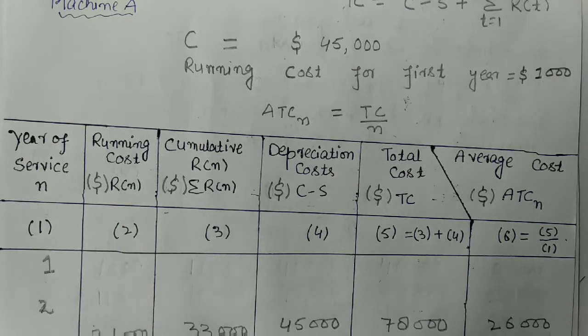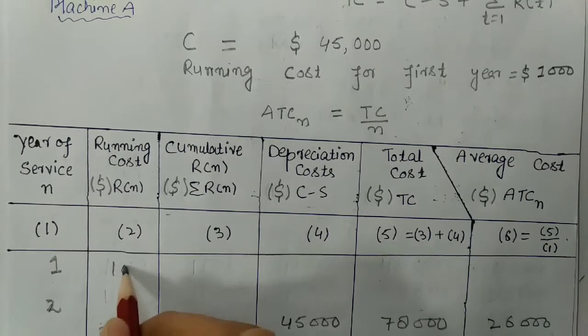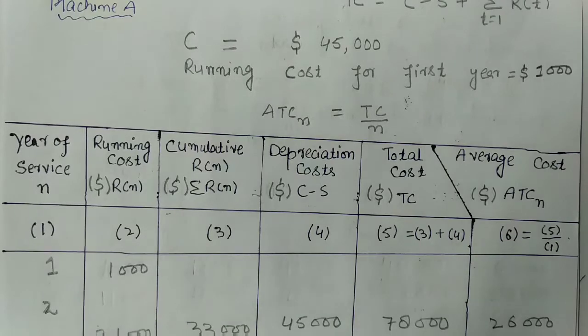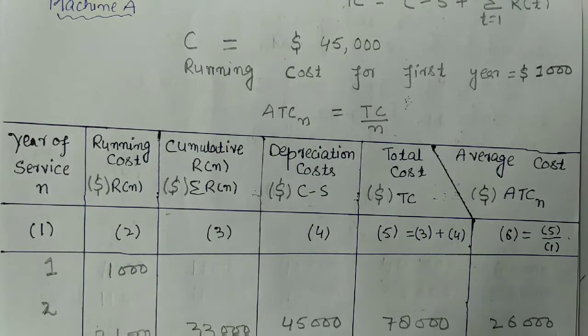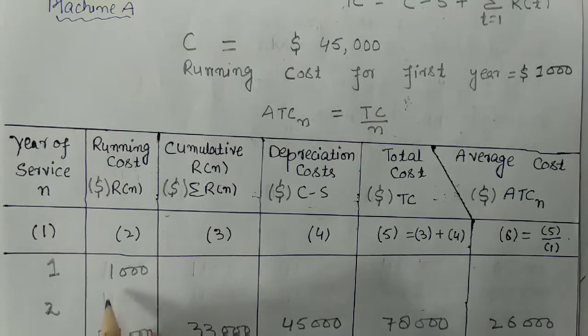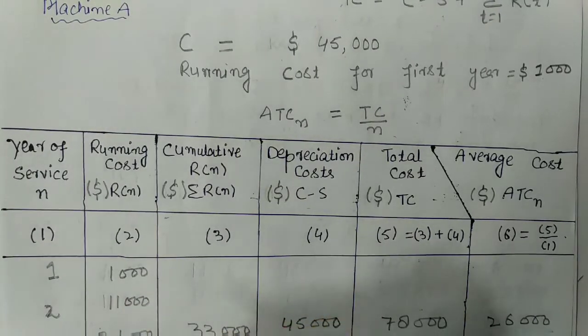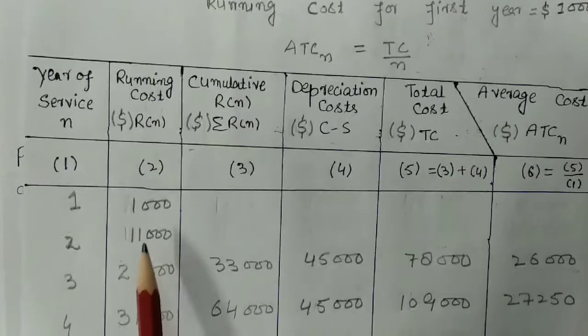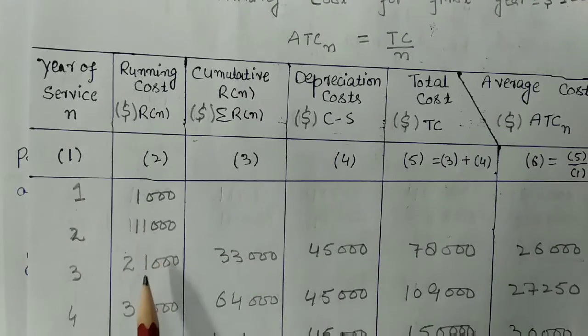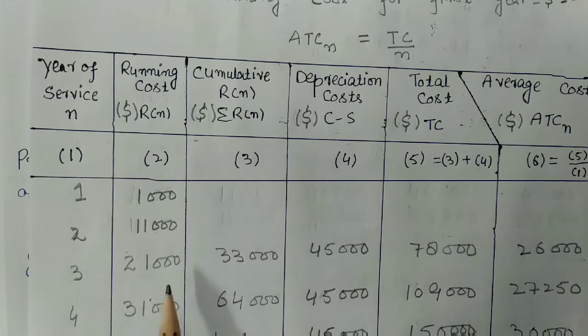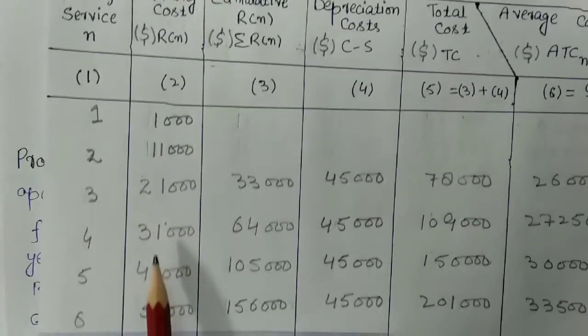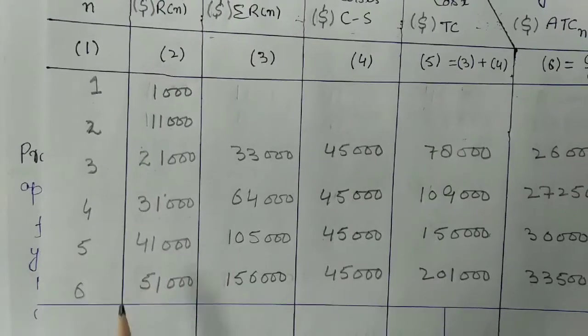Now the running cost for the first year is 1,000. In the second year it increases by 10,000, it becomes 11,000. Again it increases by 10,000, so I will add 11,000 plus 10,000, it will become 21,000. Then again I will add 10,000, it will become 31,000, 41,000 and 51,000.